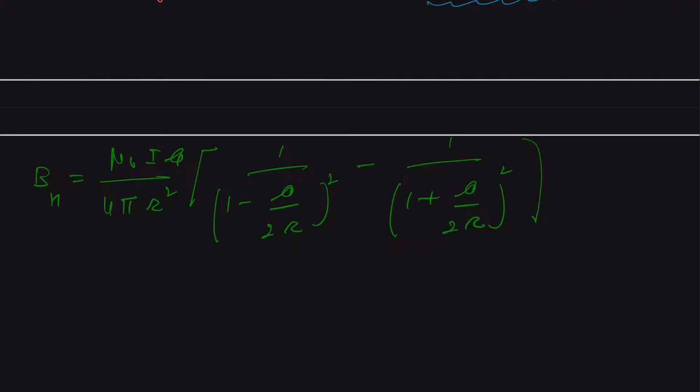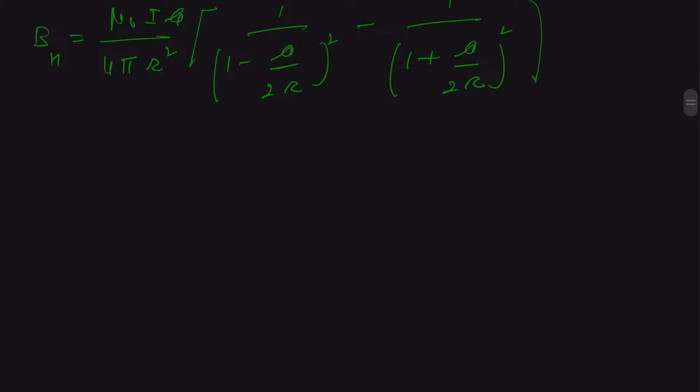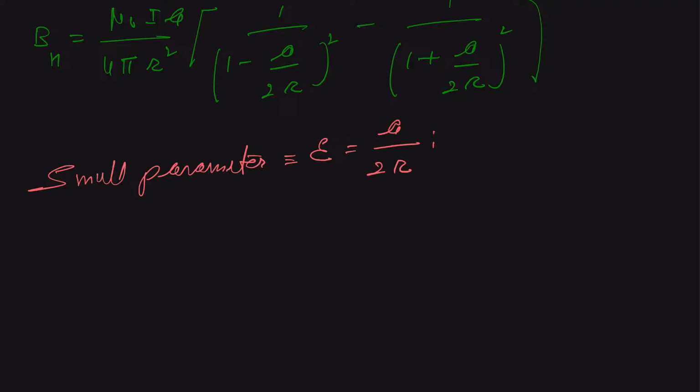And we can solve it using Taylor expansion, or we can also use binomial expansion. And for that we assume a small parameter, which is a dimensionless parameter, epsilon, and this epsilon is equal to A upon 2R, and this epsilon is much less than 1.